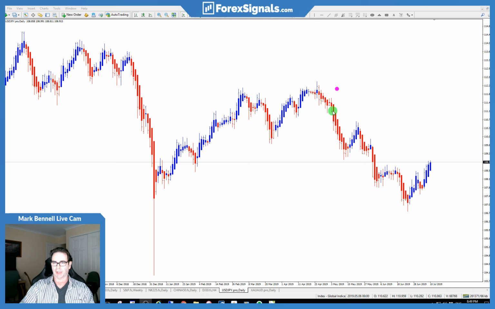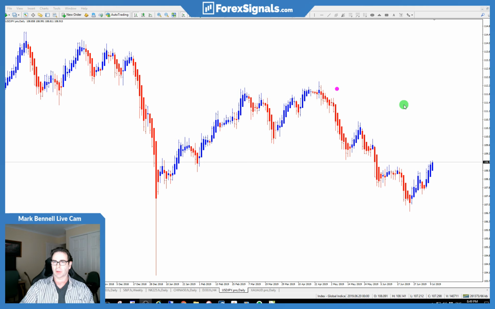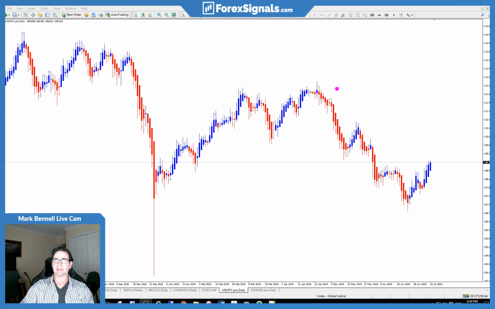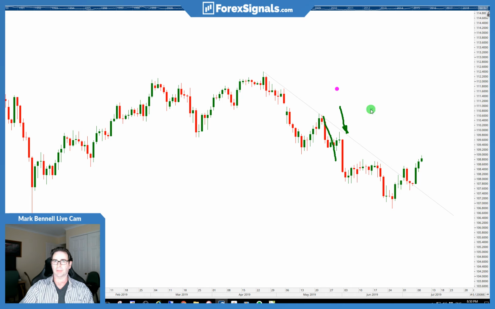Let's have a look at this move down here. Now, in the classical sense, you can see this run down here. We've got a lot of wicks in here, and this would show increasing momentum. So that's one good thing. Let's have a look at Optima. So this is the move down here.